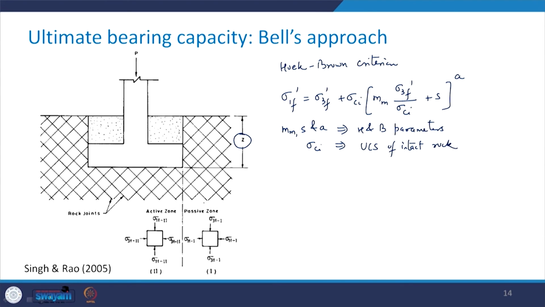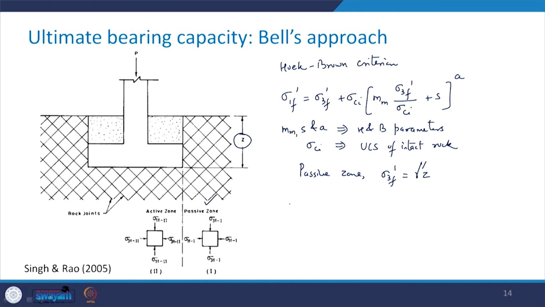So, in this passive zone, what we are going to get is sigma 3f prime will be equal to gamma times z, or since we are writing in terms of the effective stresses, say I will write it as gamma prime.